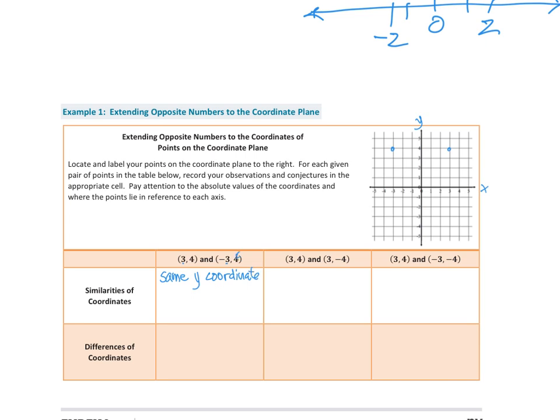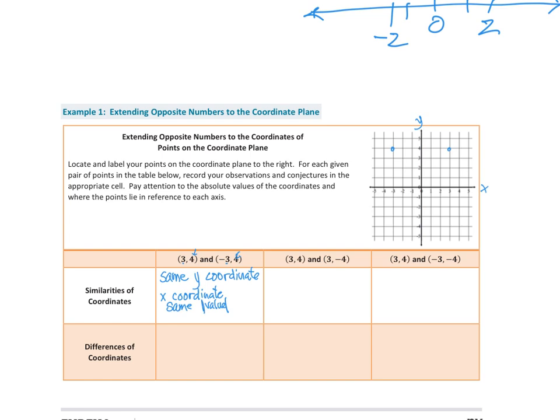When I'm looking at the 4 and the 4, we've got 3 and -3, they go in opposite directions. The x coordinates have the same absolute value.